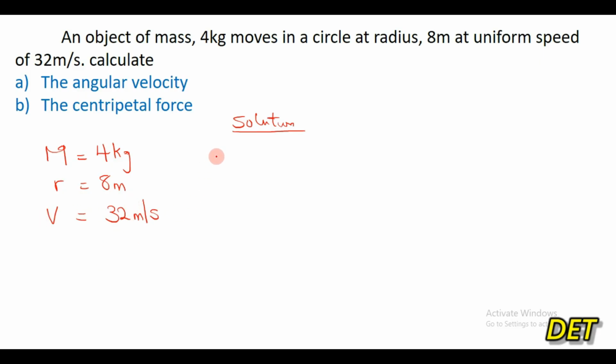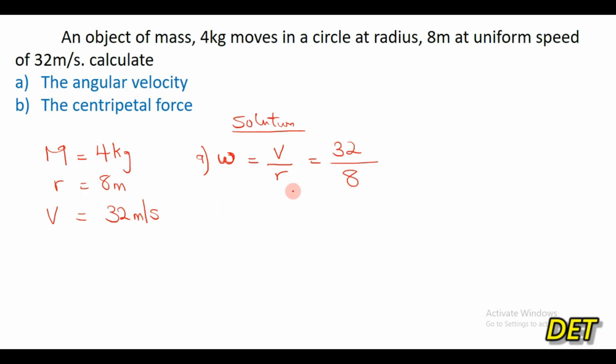So angular velocity, like we looked at before, so let's calculate our A here. Angular velocity, which is represented as w, is equal to v over r, right? So our v in this question, which is the velocity, is 32. So that will be equal to 32 divided by what? The radius, which is 8, divided by 8.